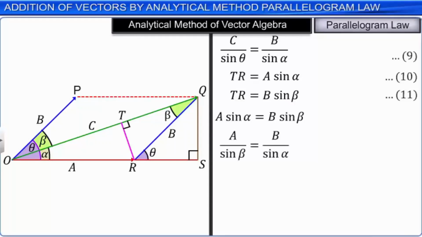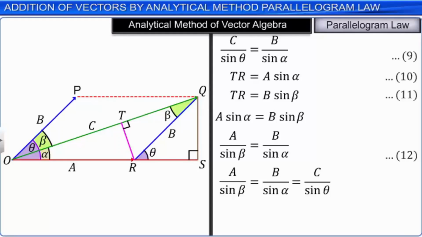From equations 9 and 12, we can write A by sin beta is equal to B by sin alpha is equal to C by sin theta. Let this be equation 13. Now, consider triangle OQR.